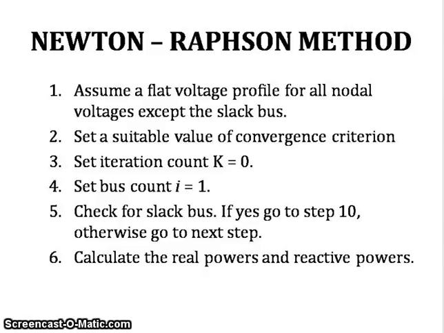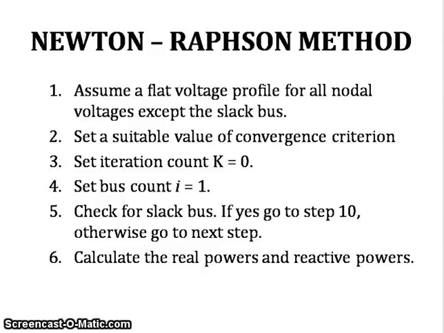It works faster and is sure to converge in most cases as compared to the Gauss-Seidel method. It is a practical method of load flow solution for large power system networks. The only drawback is that it requires a large amount of computational memory.